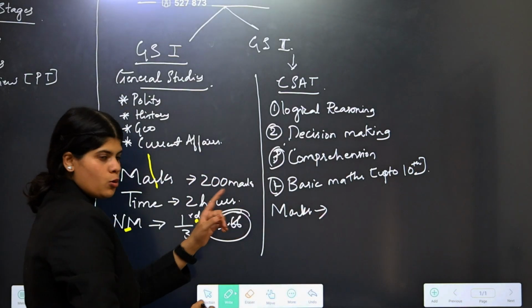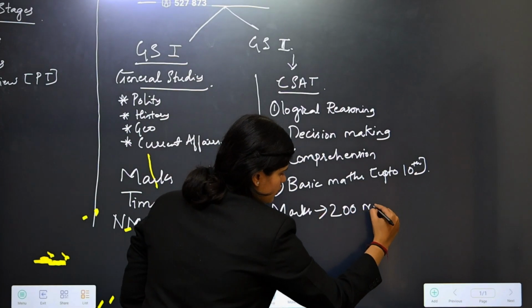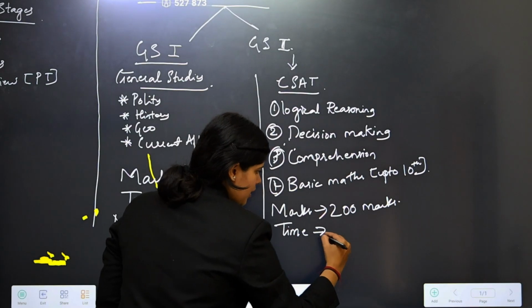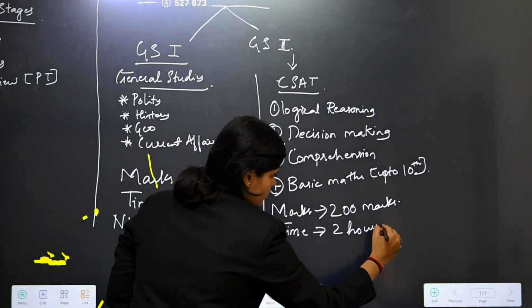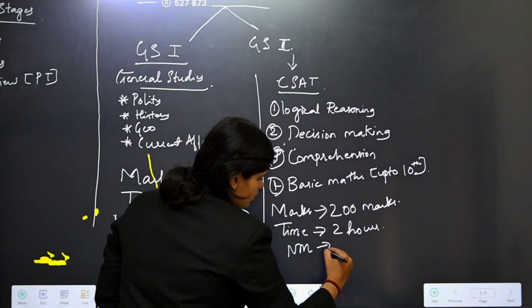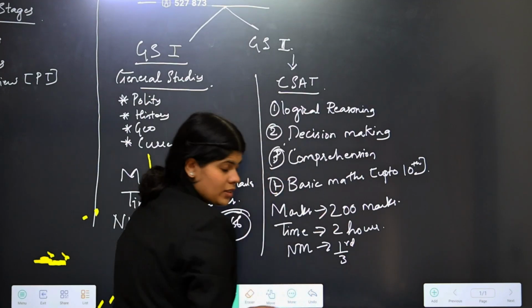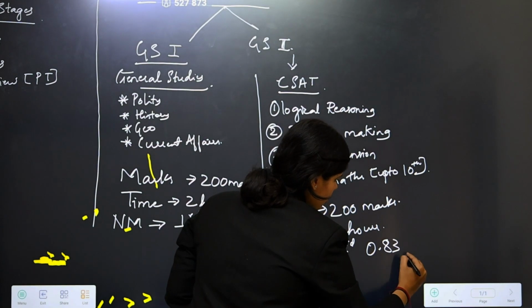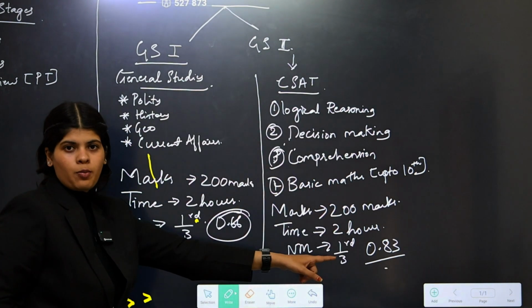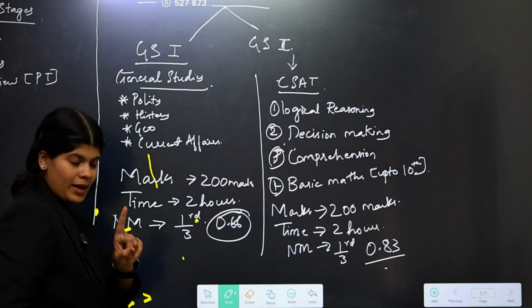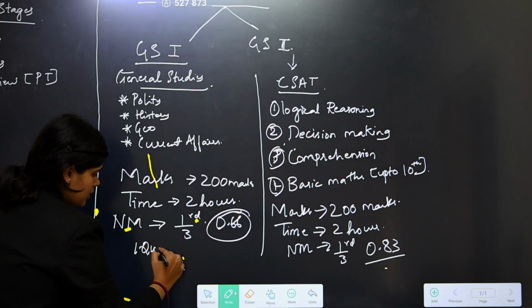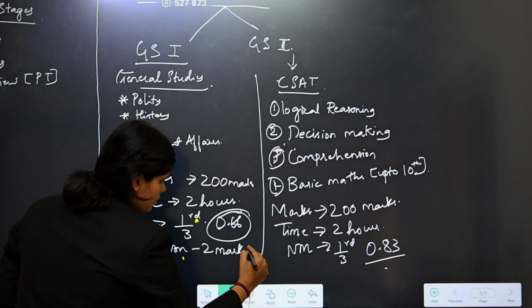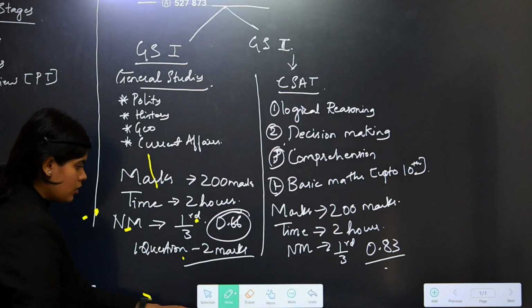Now what are the marks? Marks again same, 200 marks. Time is again 2 hours. Negative marking is also going to be 1/3. Here the negative marking is 0.83.